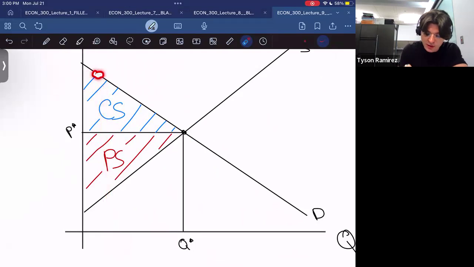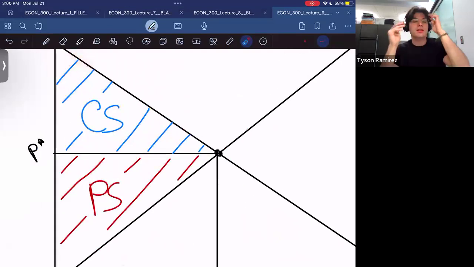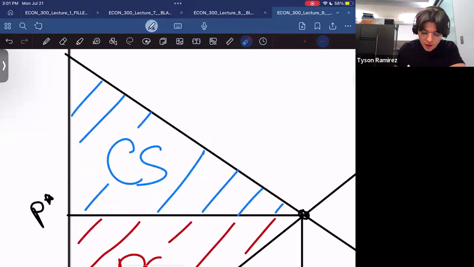The demand curve represents what the consumer is willing to pay, and then that price line is what they actually pay.